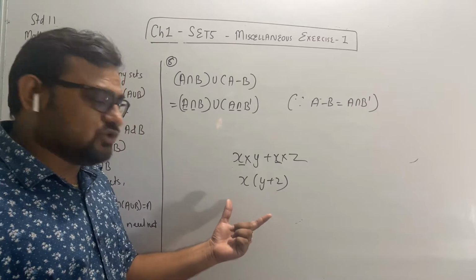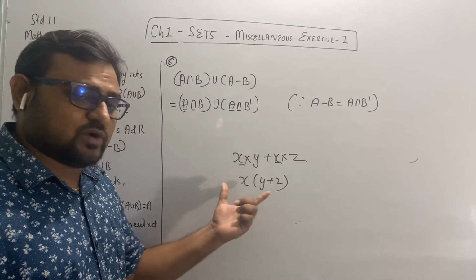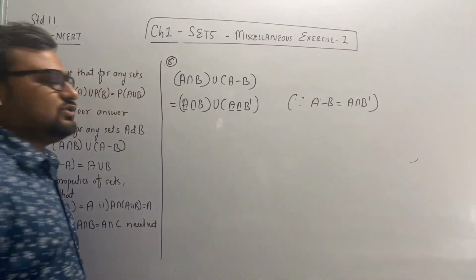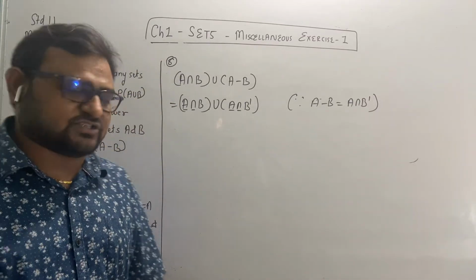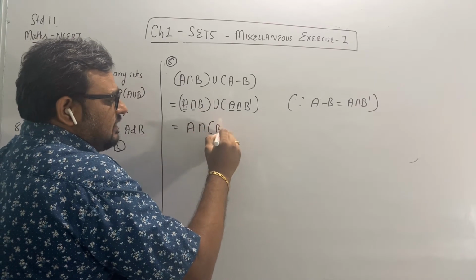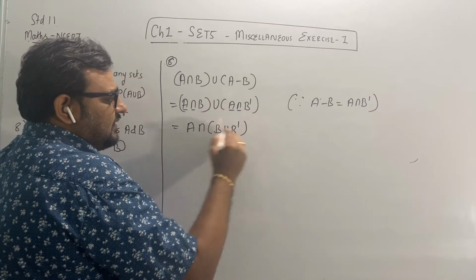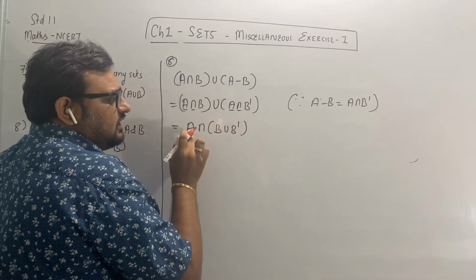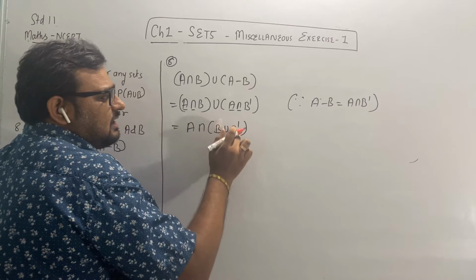This was the law of distribution of multiplication over addition. So here also we will use the law of distribution of intersection over union. So this will be equal to A intersection (B union B complement).